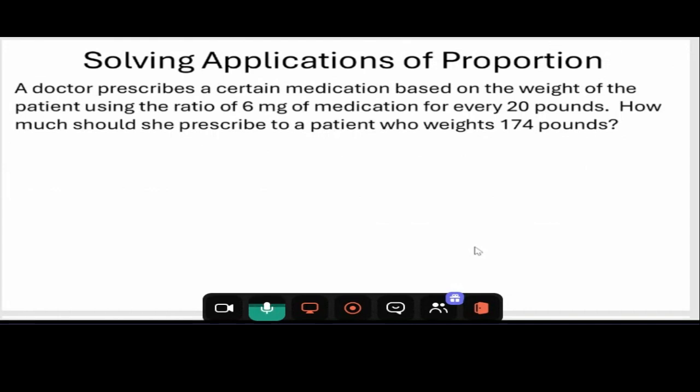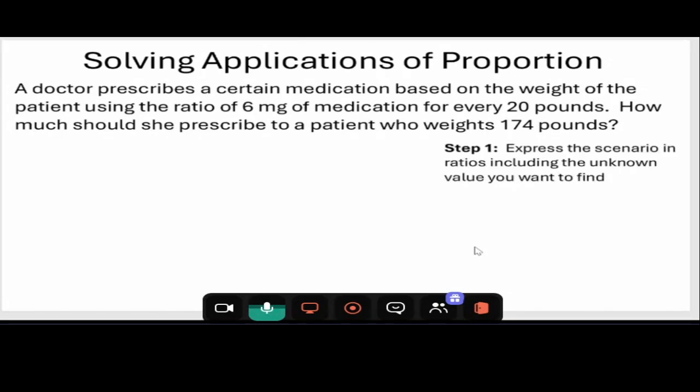A doctor prescribes a certain medication based on the weight of the patient, using the ratio of 6 milligrams for every 20 pounds. How much should she prescribe to a patient who weighs 174 pounds? So what we're going to want to do is first express the scenario that's been described in ratios, including an unknown value, a variable for the thing you want to find.